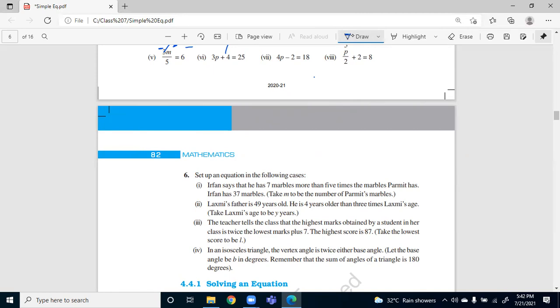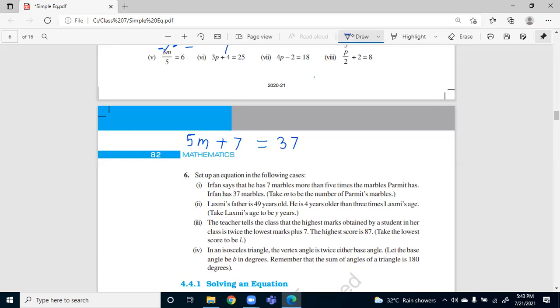So if I take the marbles of Parmeet as M, then 5 times the marbles of Parmeet is 5M, and 7 marbles more than that. So I will add 7 marbles more. That will be the marbles which Irfan has, so that is equal to 37.